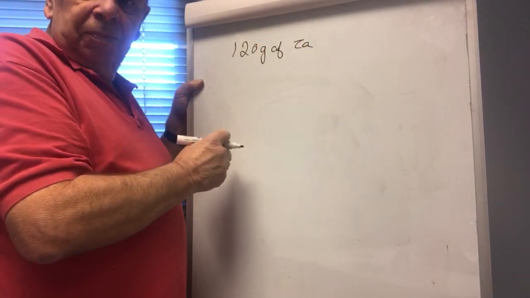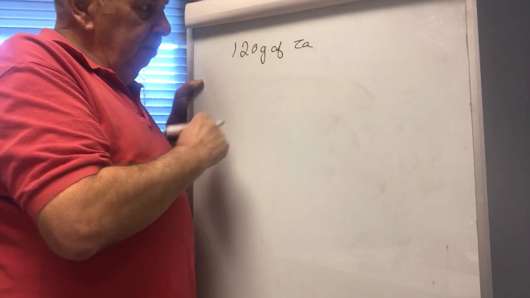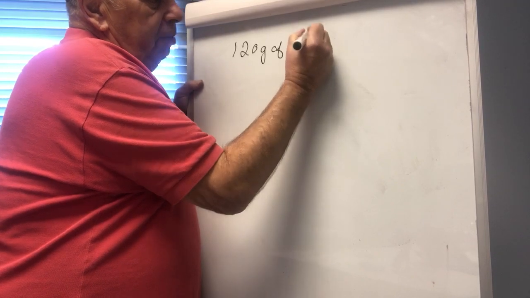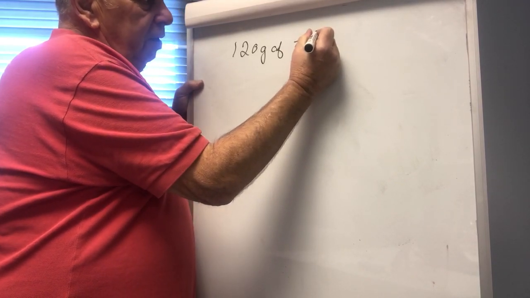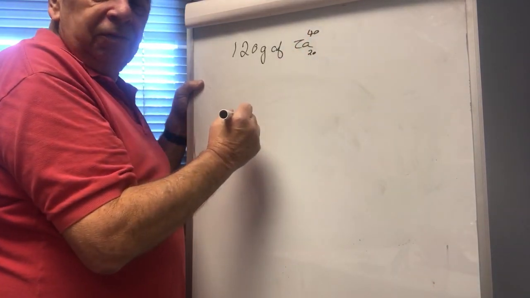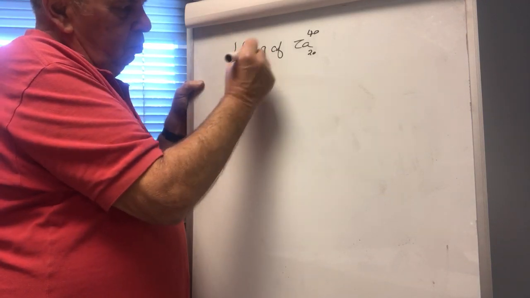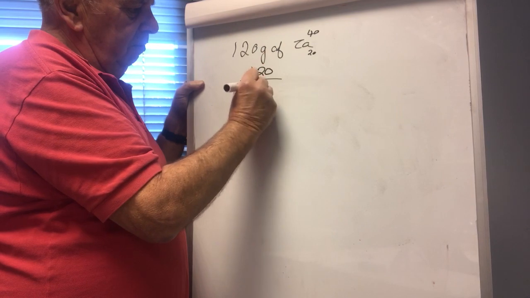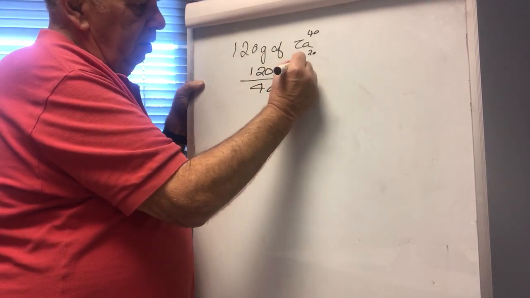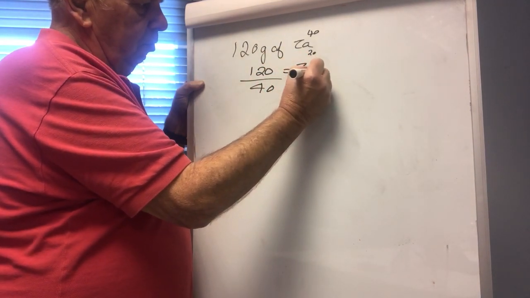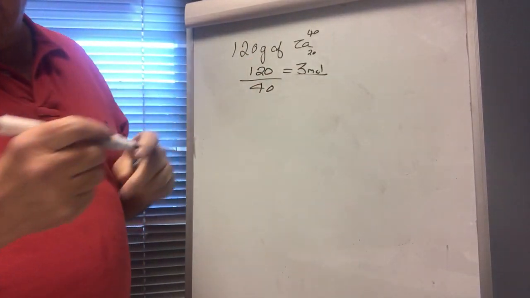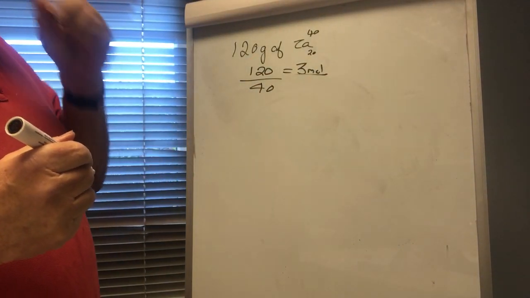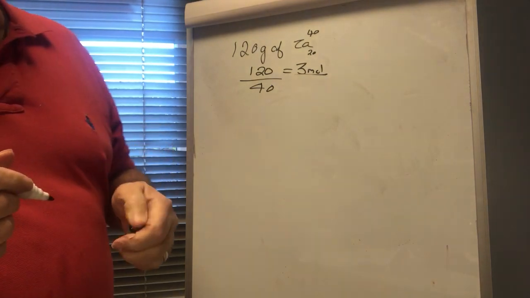Calcium, if I look on the periodic table, its atomic mass is 40, therefore the number of moles in 120 grams of calcium is 120 divided by 40, which is equal to 3 moles. Yes, 3 moles.